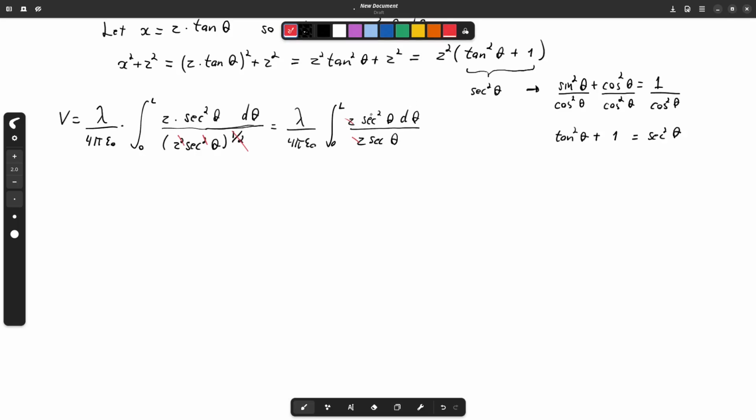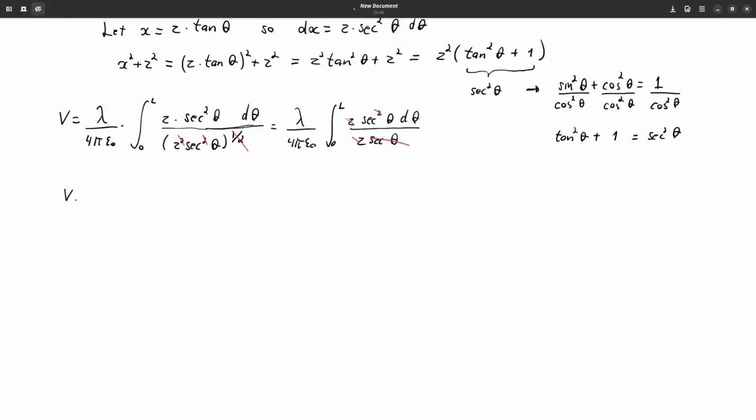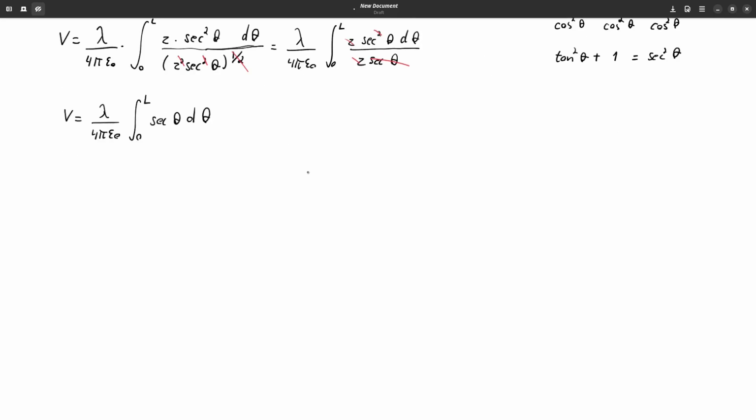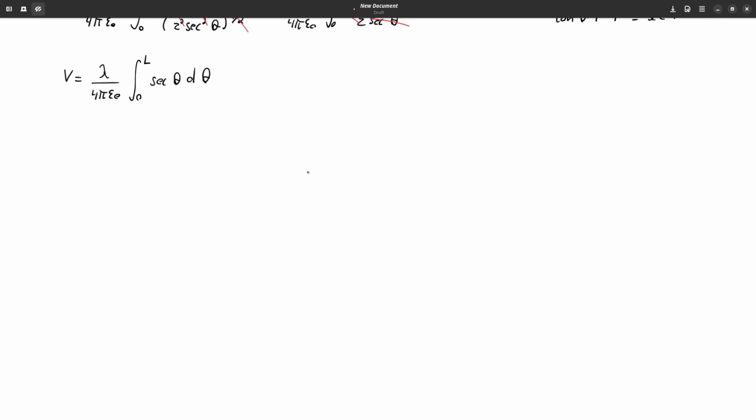Even more terms cancel out now. What is left is the integral of the secant of theta. So we use trigonometric substitution to get to a trigonometric integral. But this one is easier. It is stuff from Calculus 1.